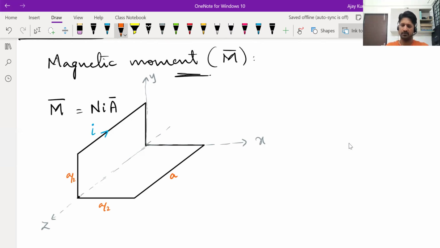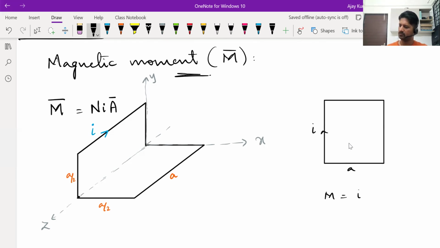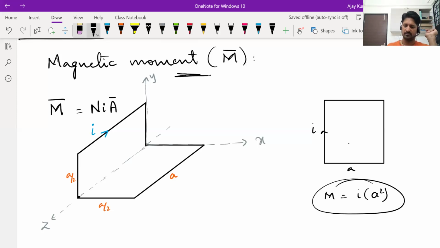Had it been a flat square of side a carrying a current I, you could have said its magnetic moment is I into area of the square, a square. How will you express the magnetic moment of this kind of a system?